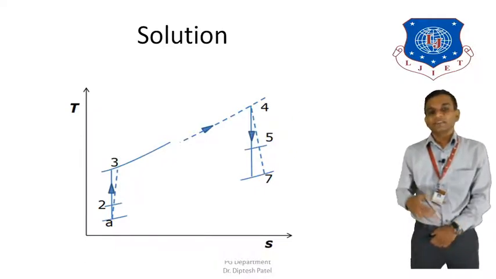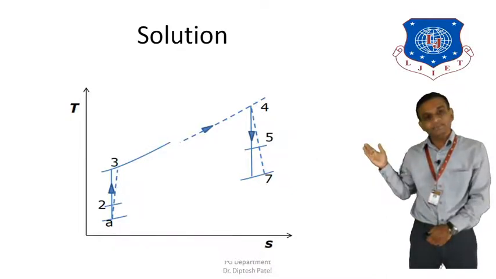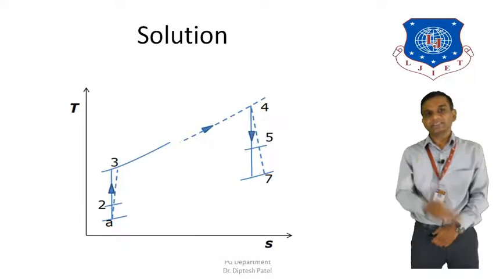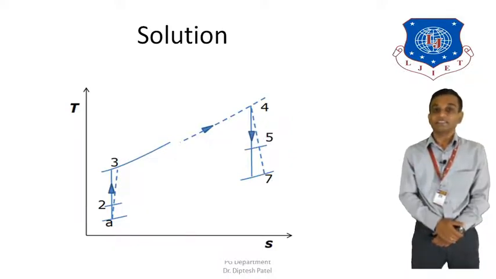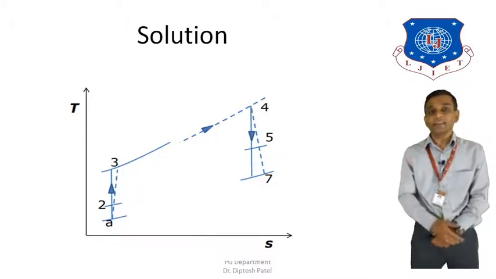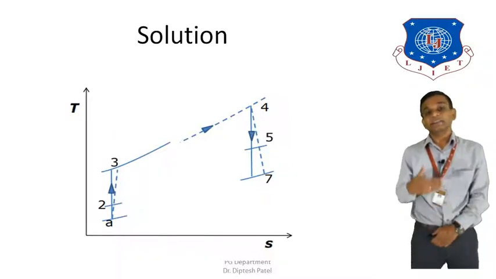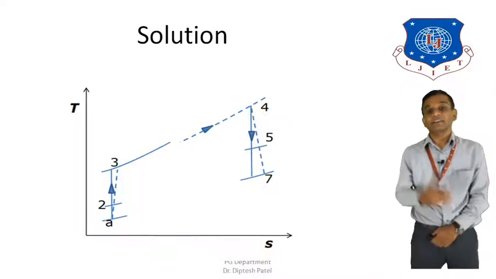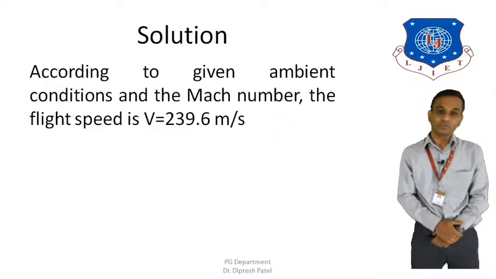Here A to 2 is the diffuser. 2 to 3 is the pressure rise in the compressor. Then 3 to 4 is the combustion that takes place in the combustion chamber. 4 to 5 is the expansion in the turbine, and 5 to 7 is the expansion in the nozzle. The continuous line represents the ideal processes, while the dotted line represents the actual processes, right?